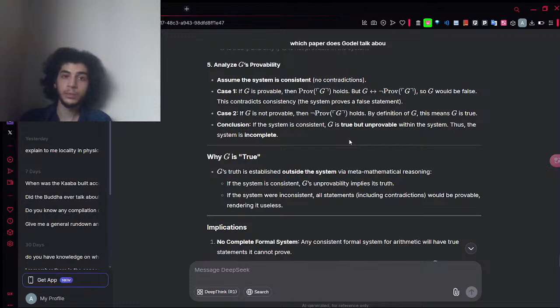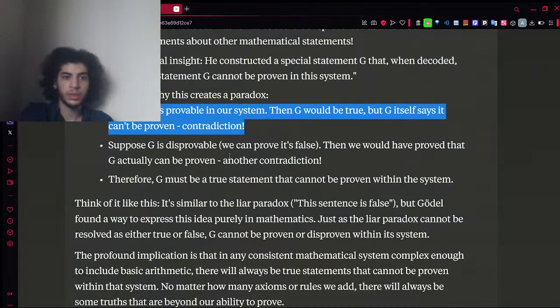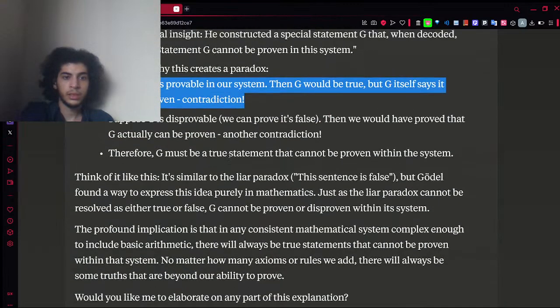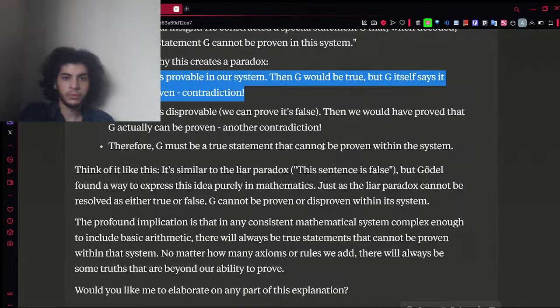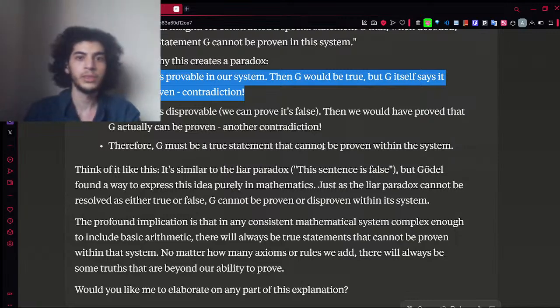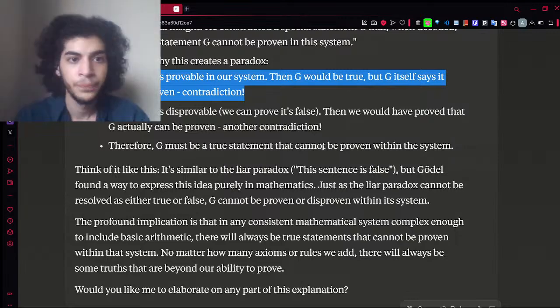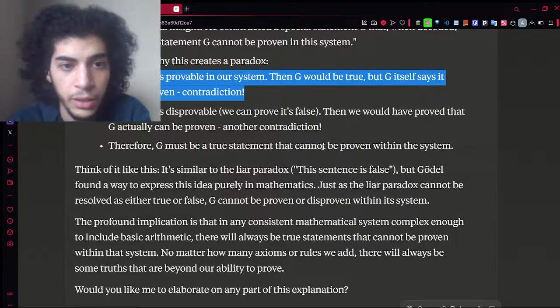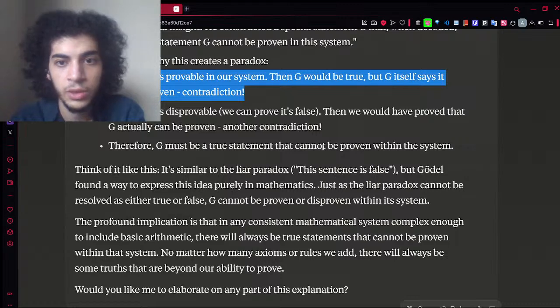That does mean G is true, but does G exist? That's where I'm stuck. How do we know G is in the system? That's where I'm stuck right now. I don't even start talking about what I started the stream for, but this is actually very fun so far. Okay, therefore G must be a true statement that cannot be proven within the system.